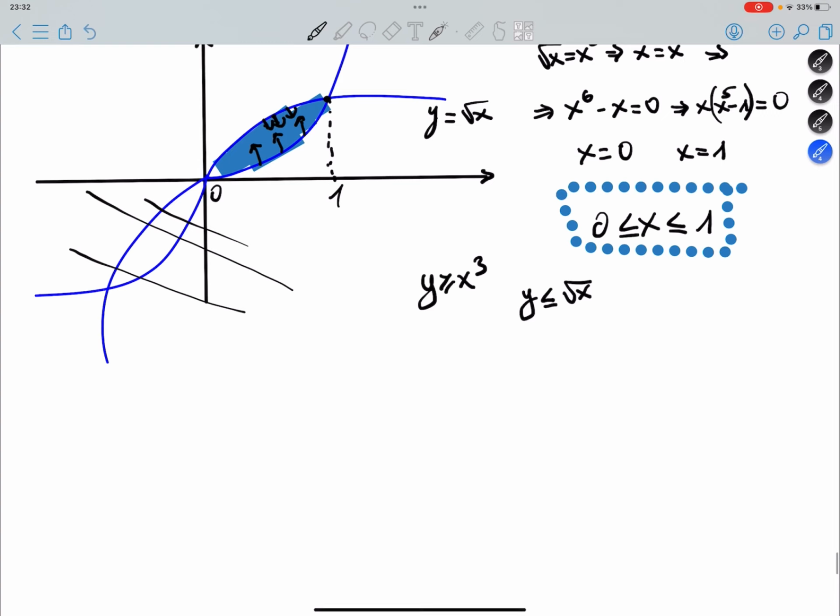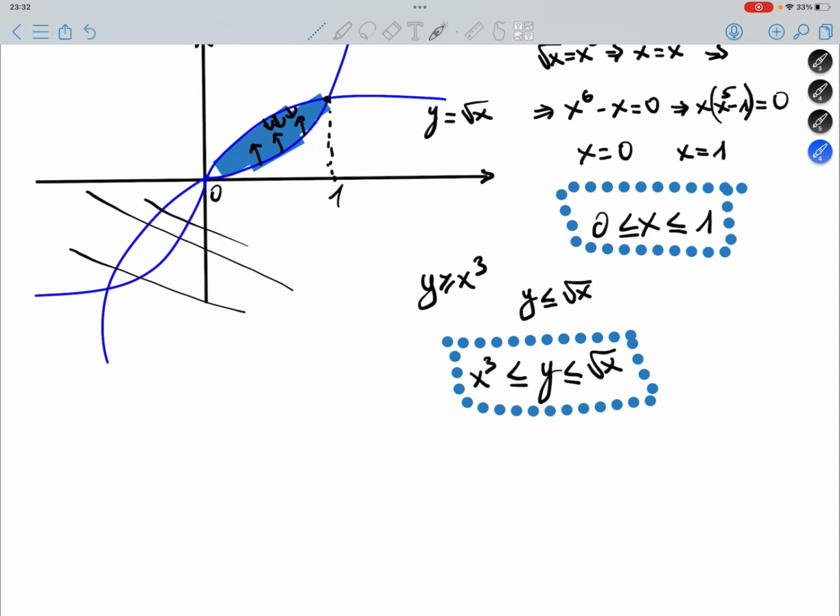If we combine these two, we have that y is less than or equal to square root of x, and y is greater than or equal to x cubed. So our y is this. We have our x and we have our y.